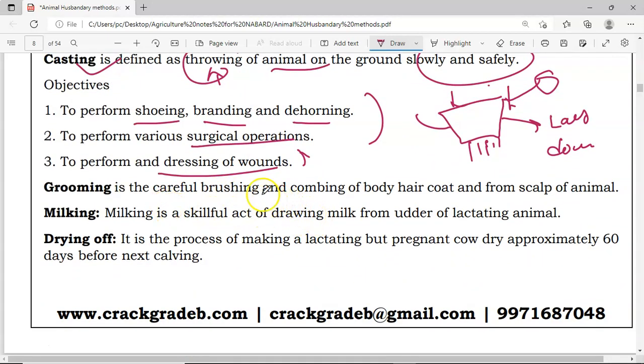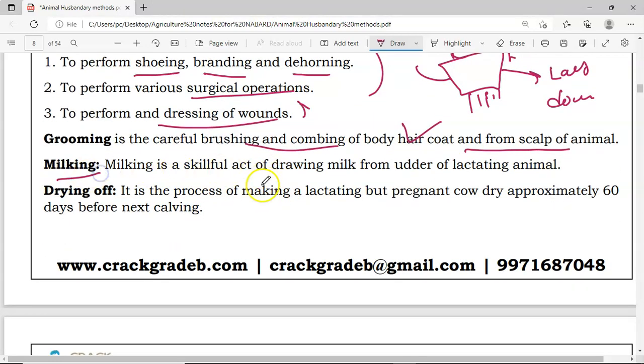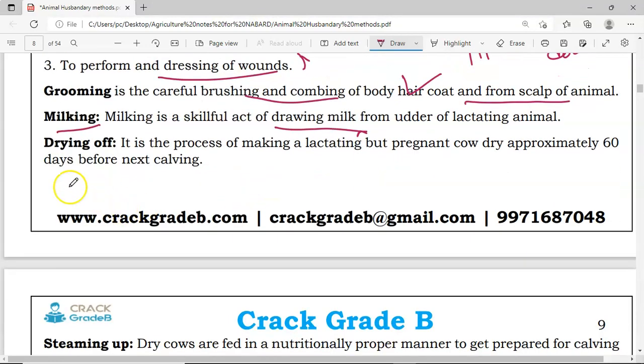Grooming is the careful brushing and combing of body hair and coat of the animal. Milking is a very well-known term, so I don't need to explain it. Drying off. Drying off means your animal is in lactation, but your animal is pregnant. At this time, when you stop milking your animal and dry it, it is known as drying off.